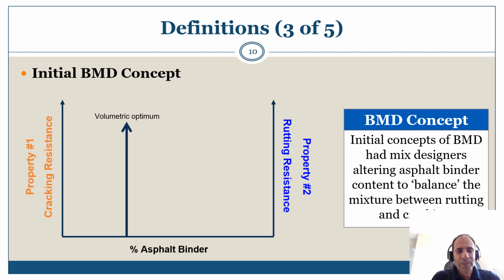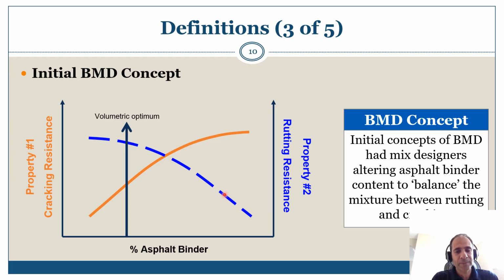The optimum volumetric asphalt binder content is basically what you get out of your volumetric based mix design. So if we start changing the asphalt binder content, we expect the cracking resistance to increase with the increase of the asphalt binder, whereas we expect the rutting resistance to decrease with the increase of the asphalt binder content.